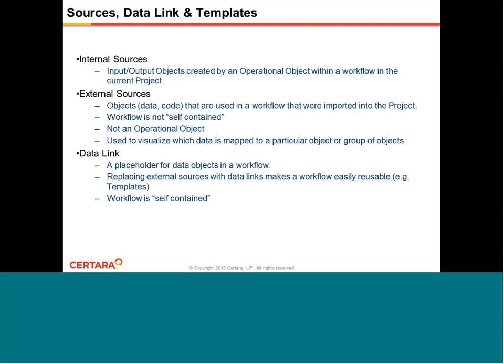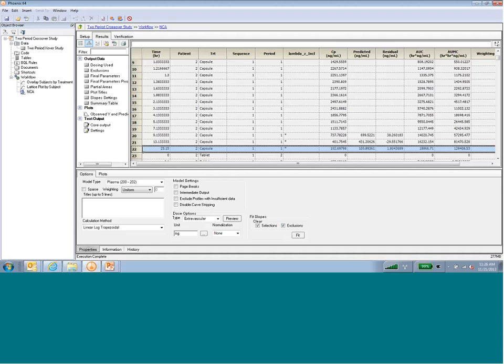And in the templates, I can do either an object template or I can do a workflow template. Let's start with an object template. So to make a template of this NCA, back in the Phoenix application, in the object browser on the left, right-click the NCA object and select Export.